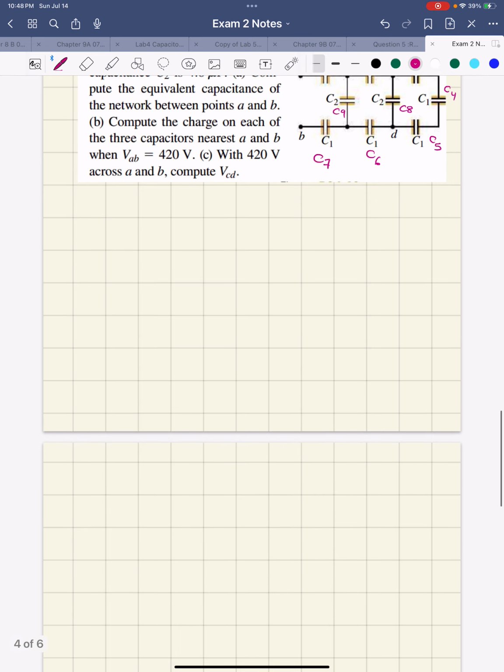And my notation is that when I say C1 to 3, it means the equivalent capacitance of capacitors C1, C2, and C3. This is the notation that I will use.